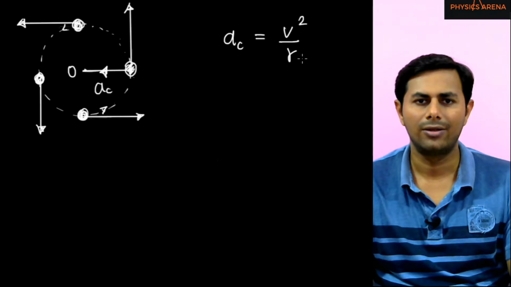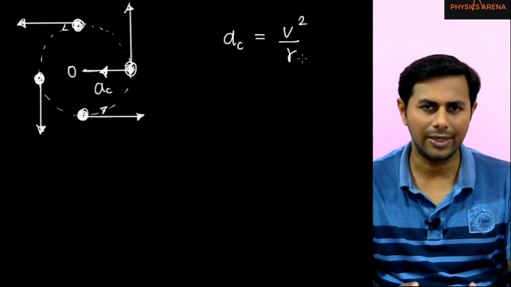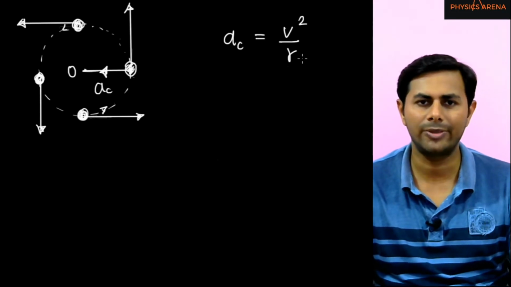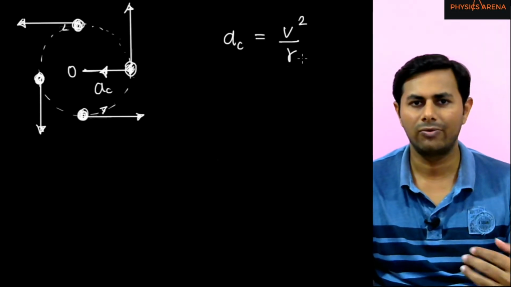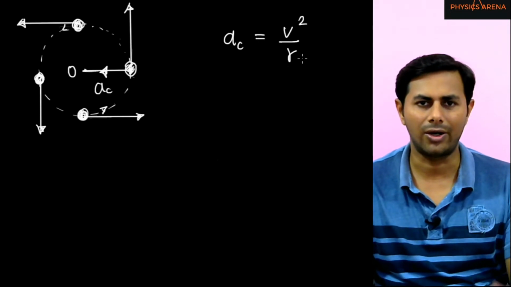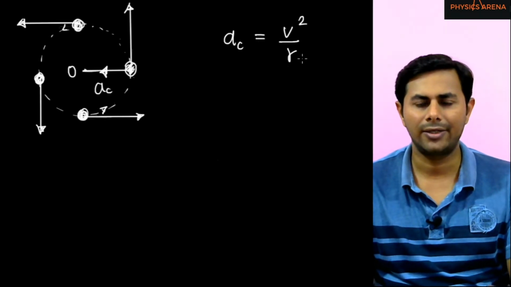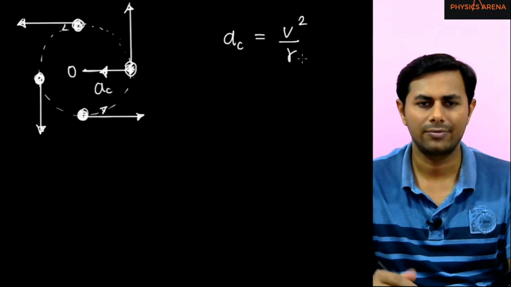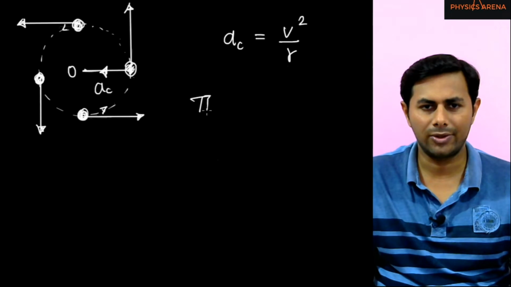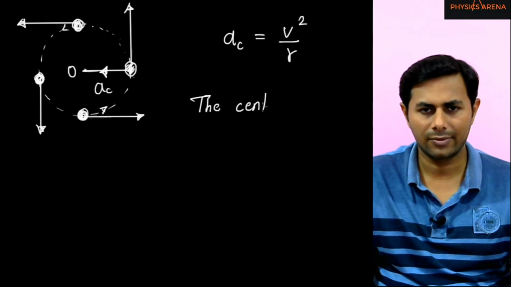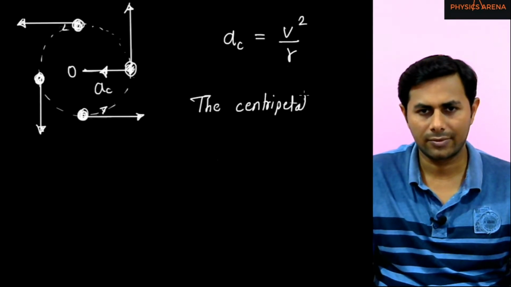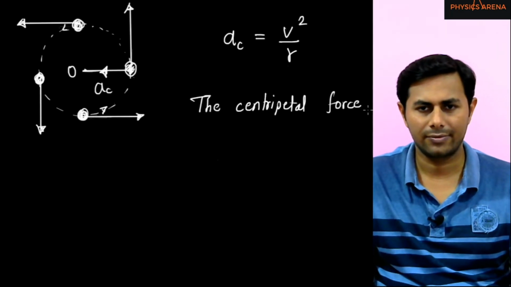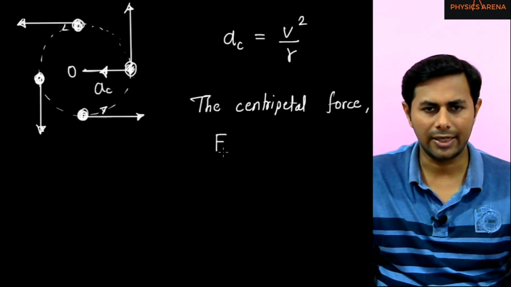Now, according to Newton's second law, there must be some force acting on this particle or an object performing circular motion which causes this acceleration called centripetal acceleration, and that force we call the centripetal force. Let's suppose the centripetal force acting on this object is F suffix Cp.